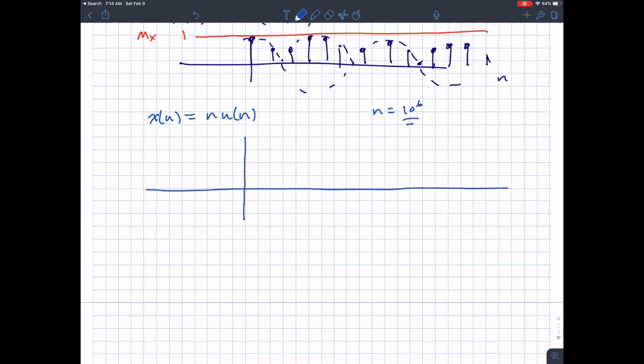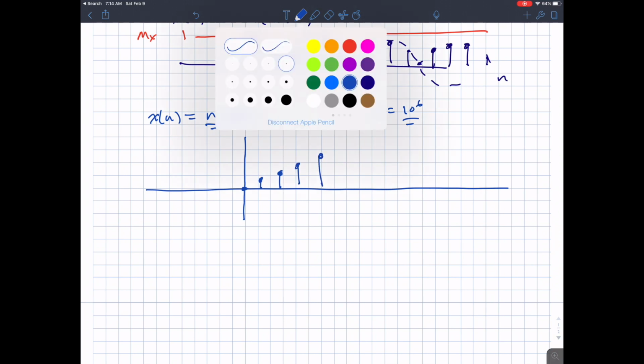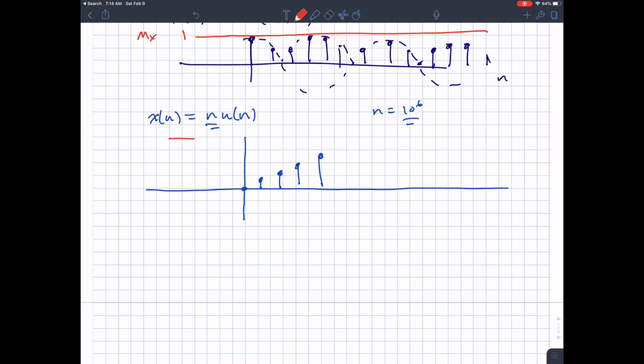We have this signal, which is a ramp function, so it starts to grow. You need to be able to find some threshold Mx so that the absolute value of the signal is below Mx for all n.